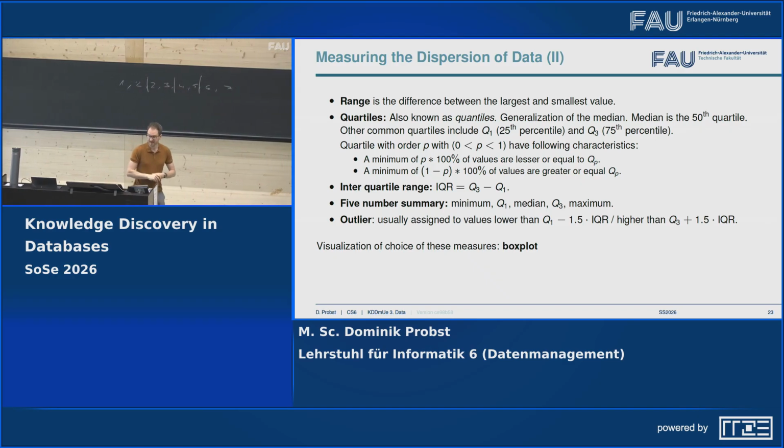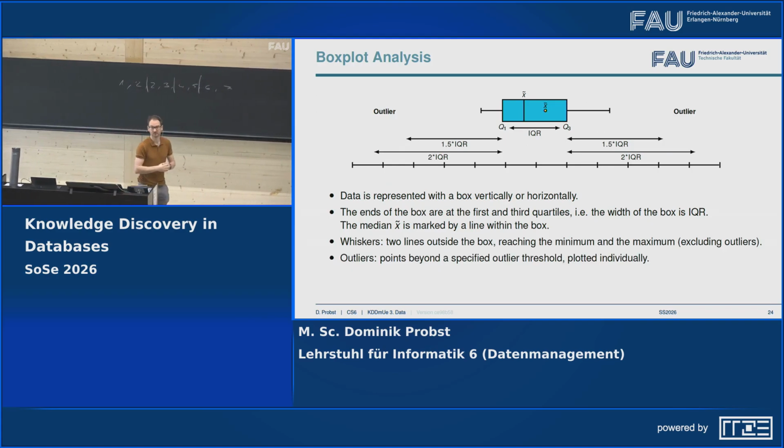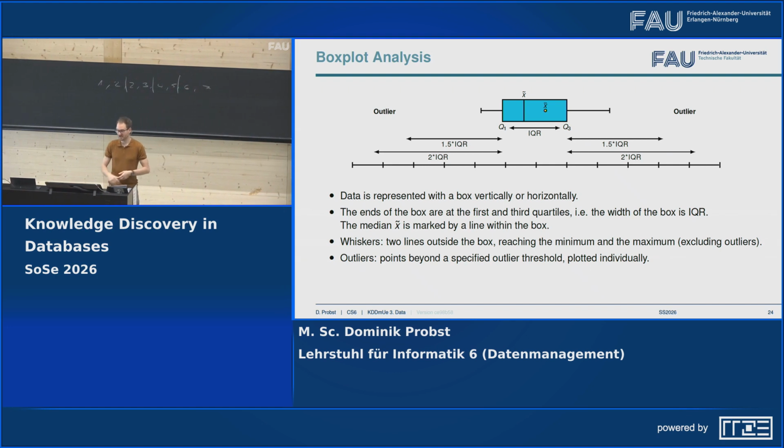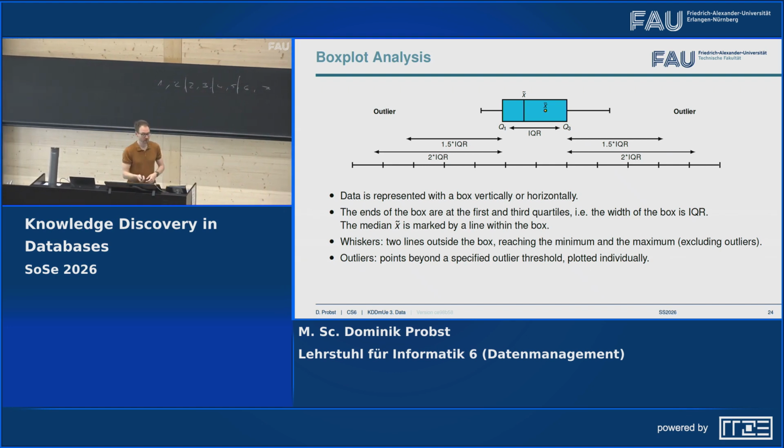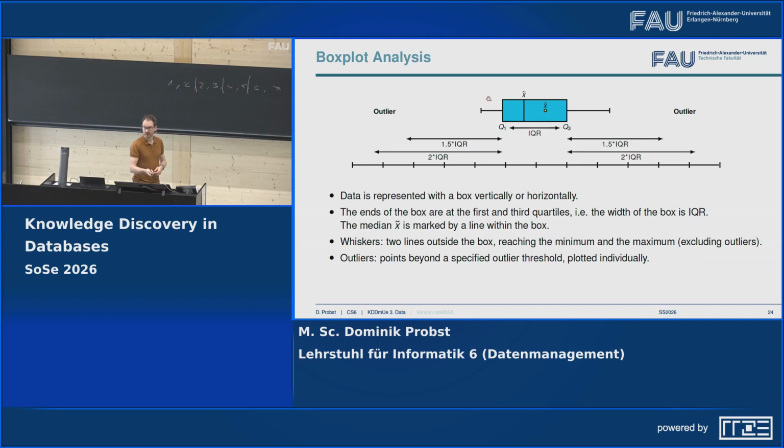These terms are now very important to get to a box plot, because a box plot is basically a visualization of these values. In a box plot, we first take a look at the first quartile, so the value where 25% of values are below.